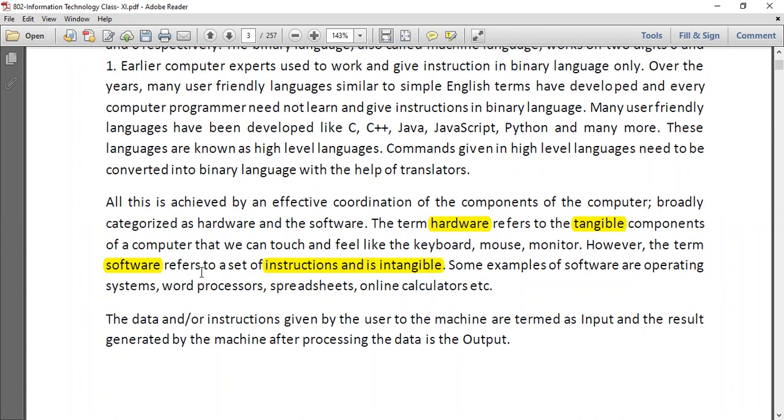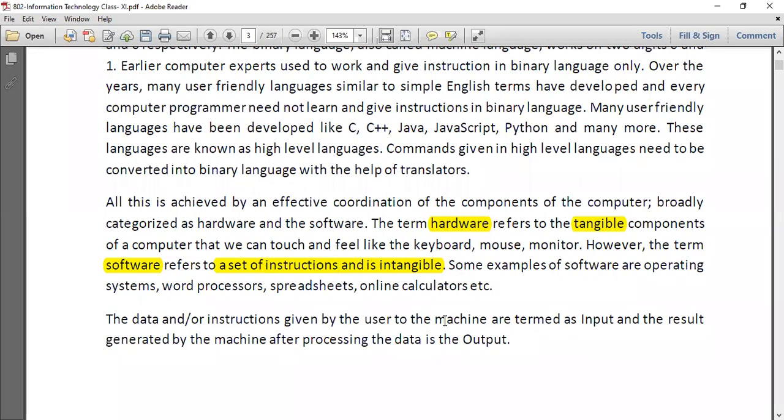You have to write softwares are set of instructions. Okay, the instruction set that we give to the computer, these are softwares.